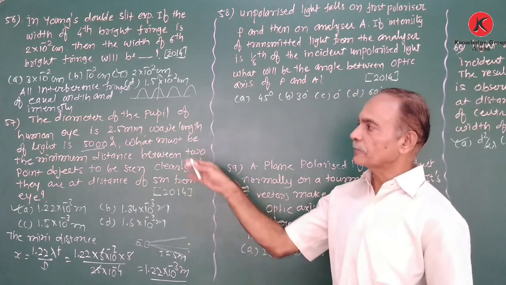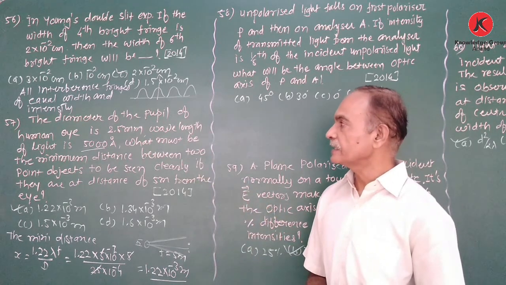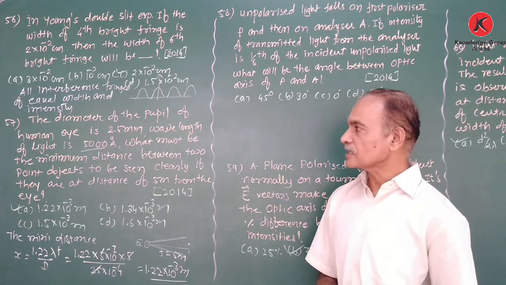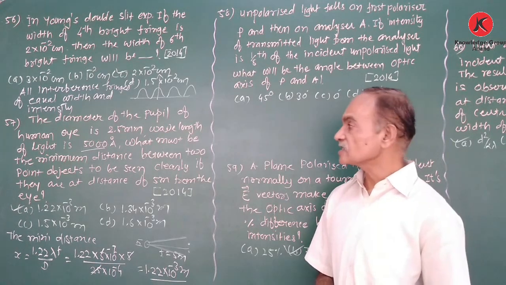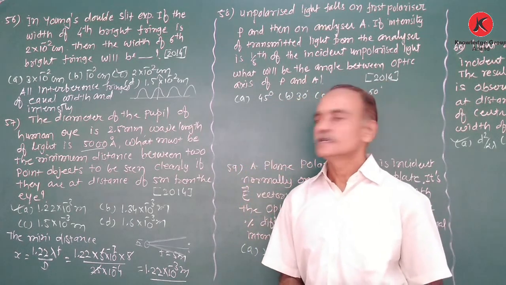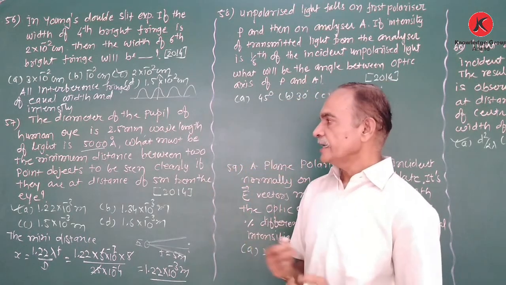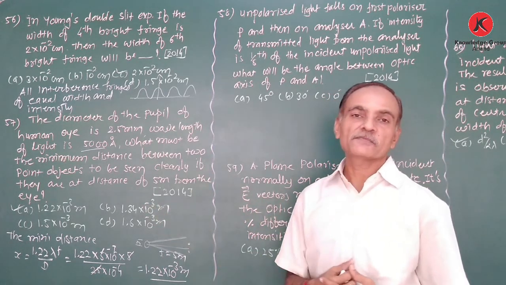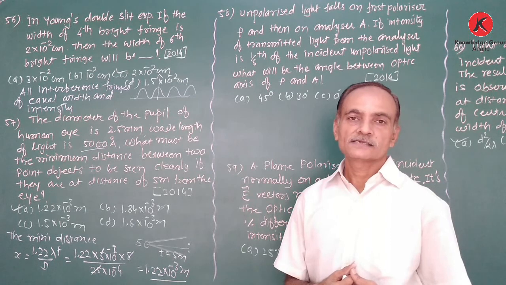The diameter of the pupil of the human eye is 2.5 millimeter. Wavelength of light used is 5000 angstrom. What must be the minimum distance between two-point objects to be seen clearly, if they are at a distance of 5 meter from the eye? Okay.